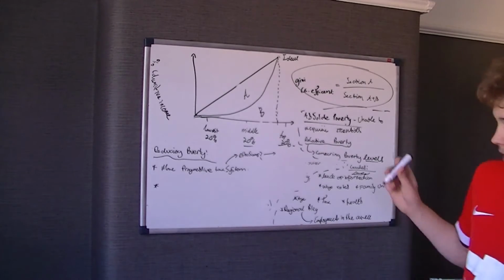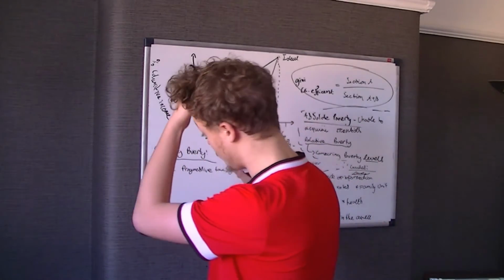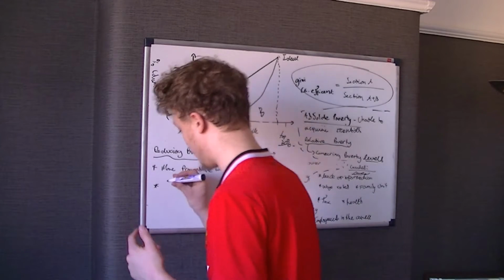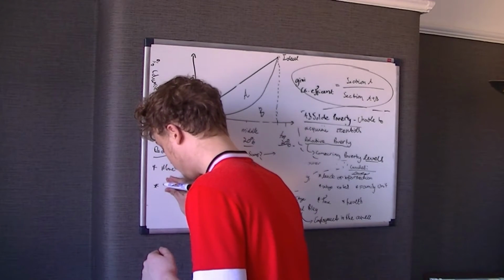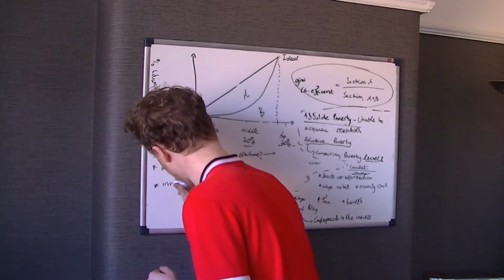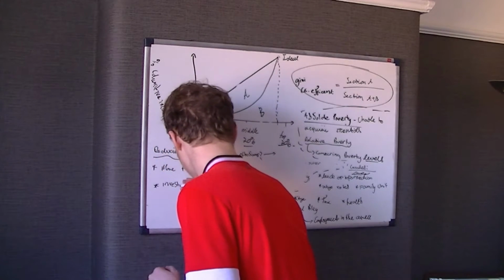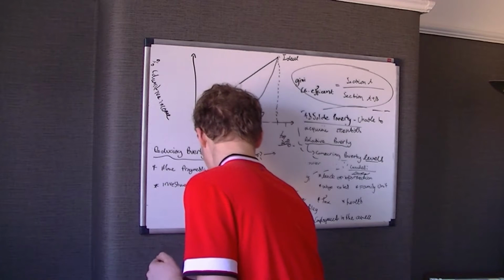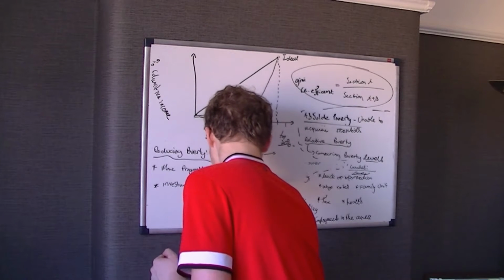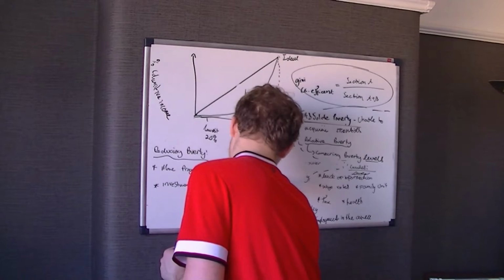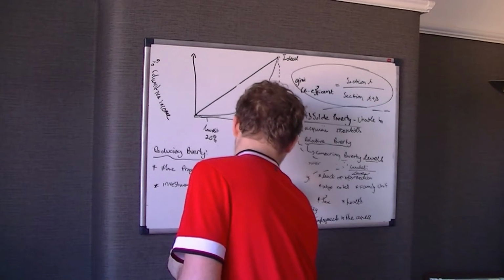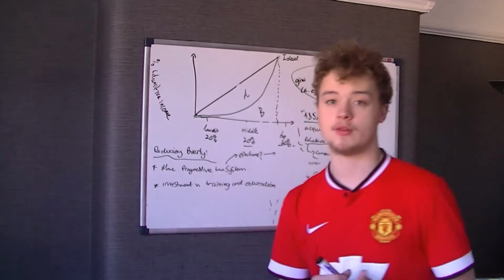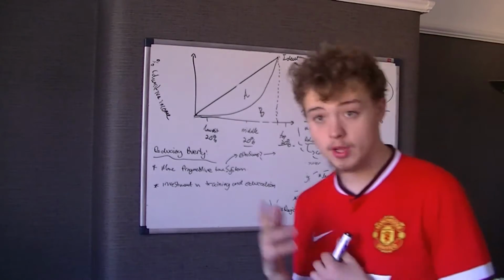The next one is increasing the skills of the workforce, which you increase by investing in education and training. Because if you've got a more productive workforce, then it's going to be more attractive for businesses to employ people.